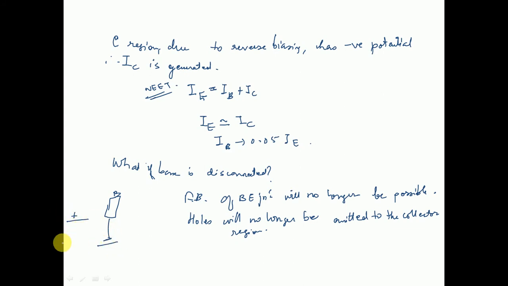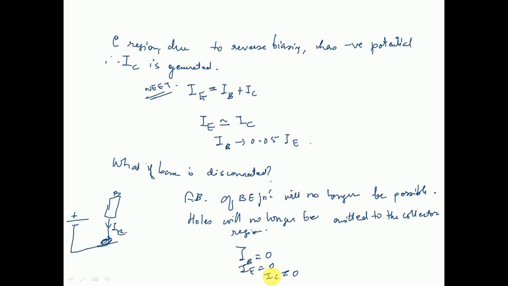Here there is a higher potential, and here there is a negative potential. Yes or no? So the base current will also be 0. IE will also be 0 and IC will also be 0. This is what happens when you disconnect the base.